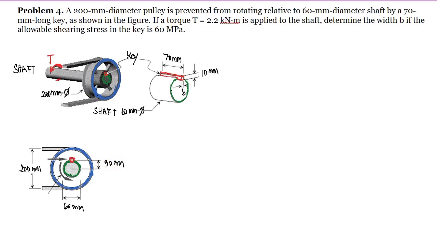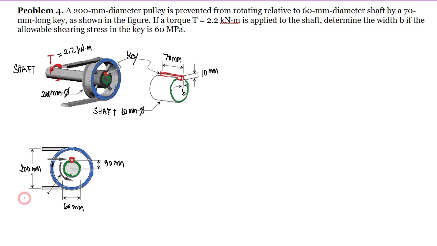So, we have here the direction. As you can see, this is the arrow. This is the torque. So, this torque here is equal to 2.2 kilonewton meter. This arrow is counterclockwise. You can see here that this is the direction of the torque.